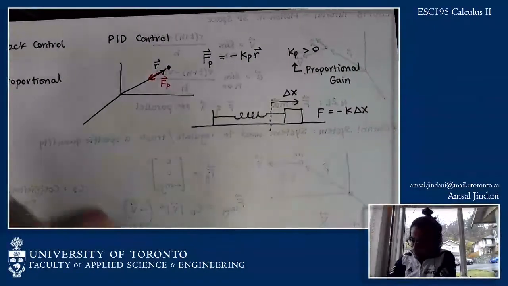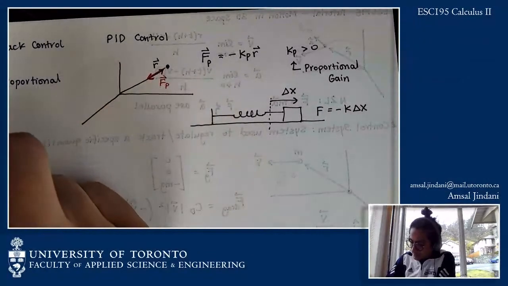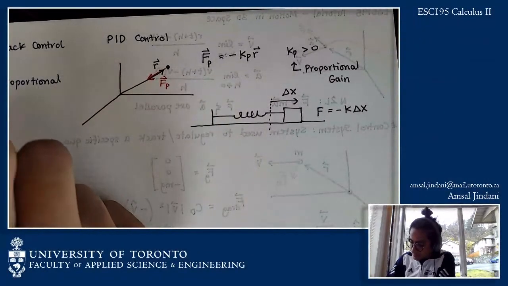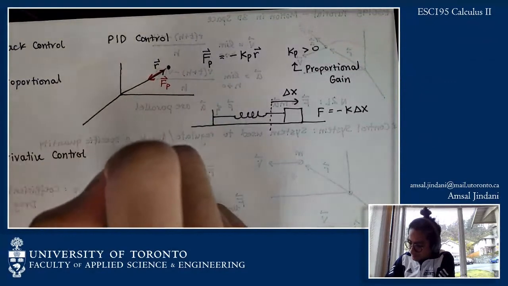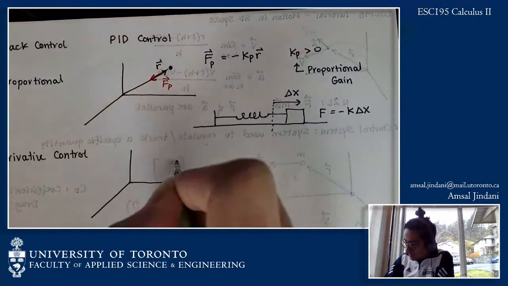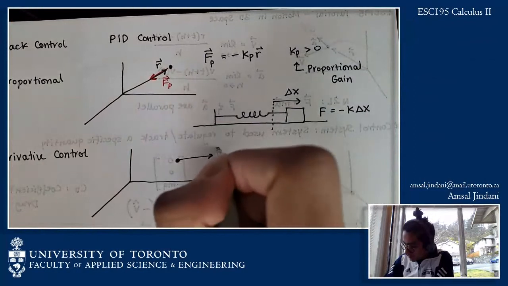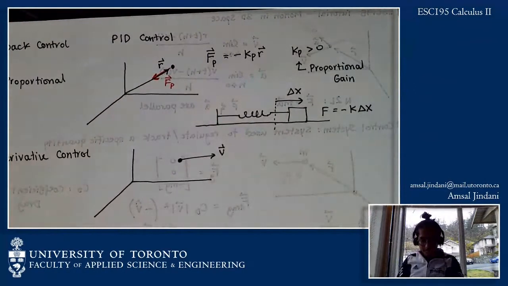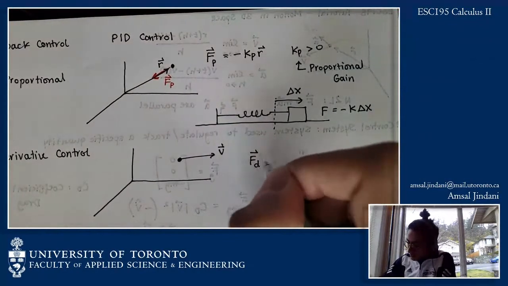So that's where derivative control comes in, and that's what D stands for. D is derivative control. Let's say you have a particle with some velocity, then what derivative control will command is a force in the opposite direction of the velocity.